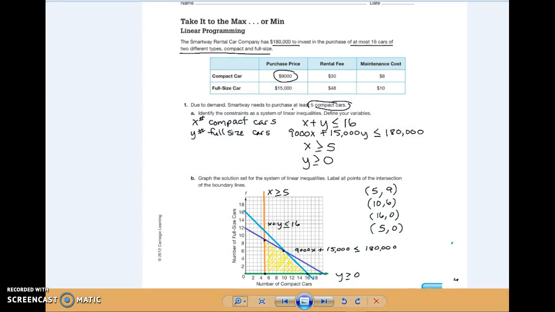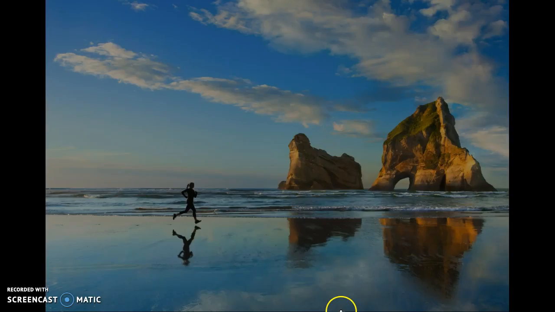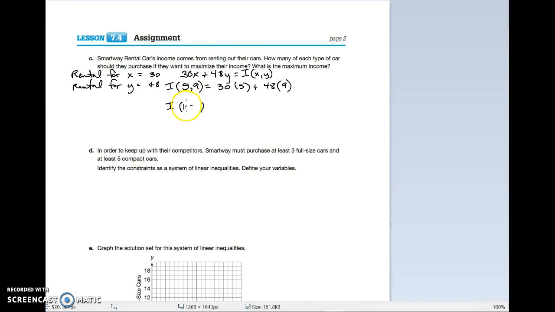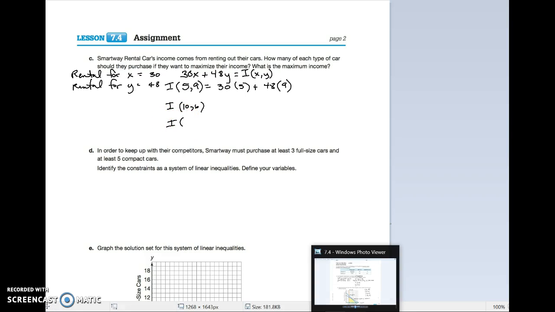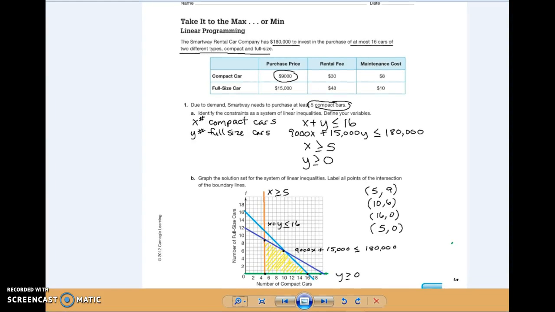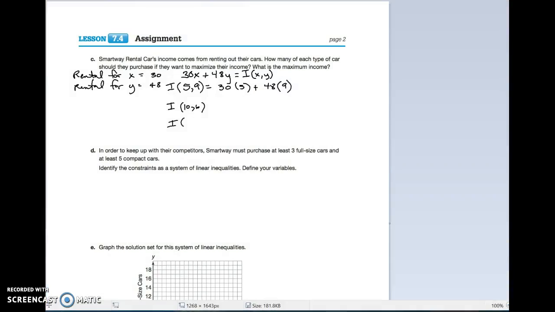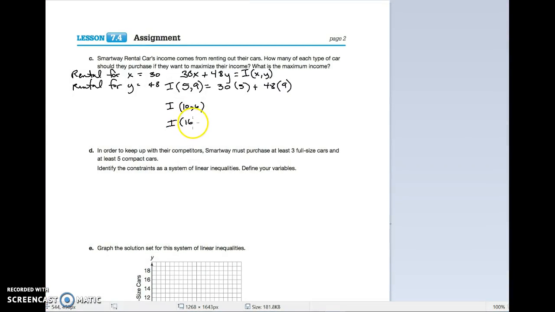So we had 10, 6, right? So we're going to find I of 10, 6. We're going to find I of 16, 0. And we're going to find I of 5, 0. All right?